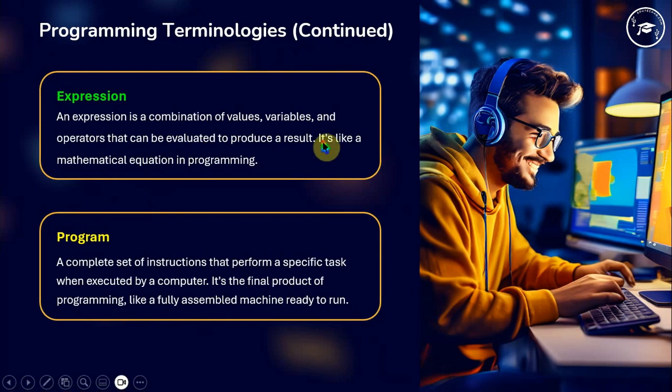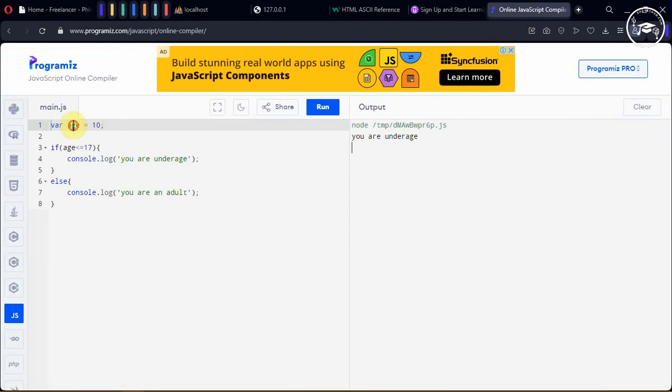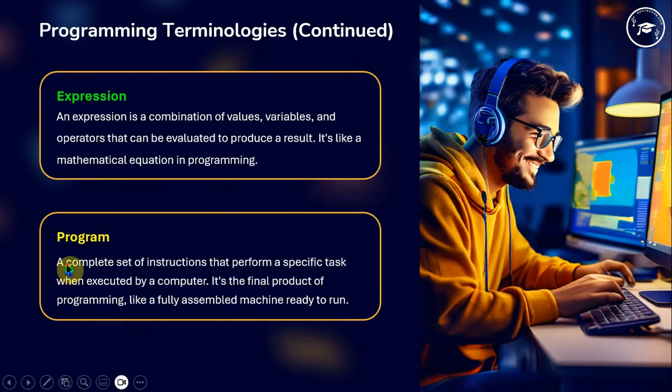So you realize that it's like a mathematical equation in programming. So this is a declaration of a variable. We named it age. We've learned declaration already. And the whole thing here is referred to what? An expression. So when you are able to declare a variable and assign a value to it, then it becomes a what? An expression.